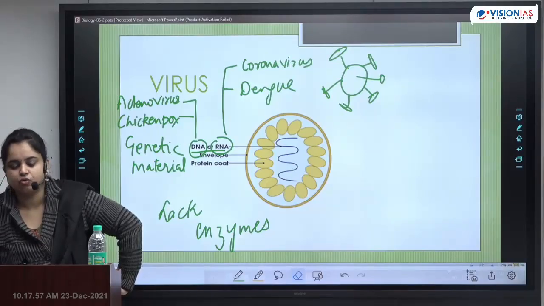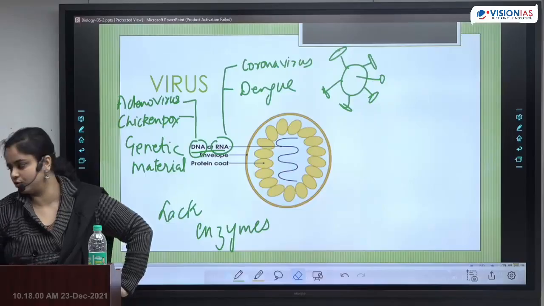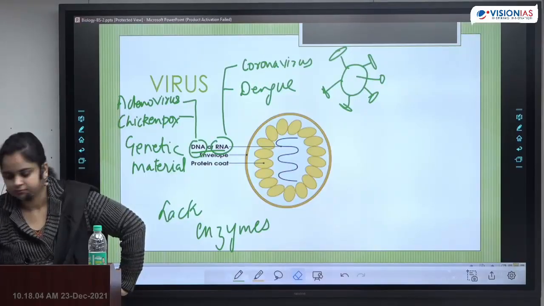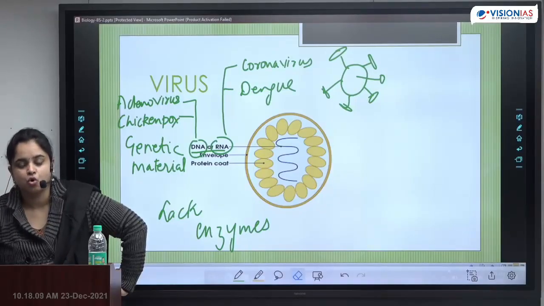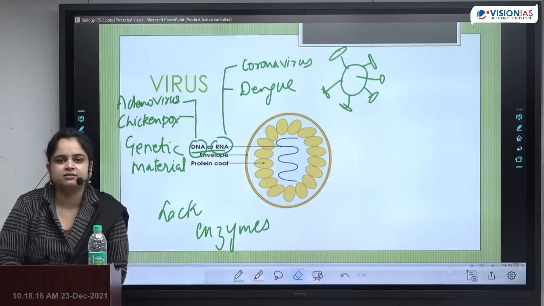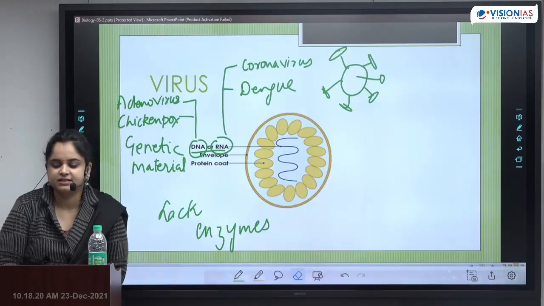They can grow and replicate only inside the living cells of an organism.